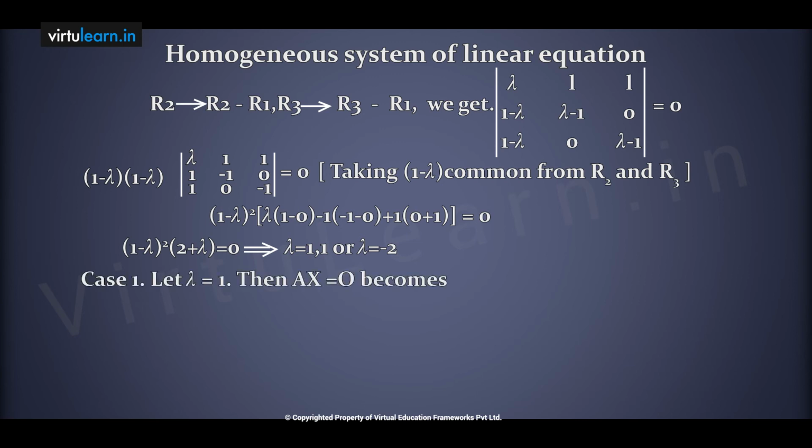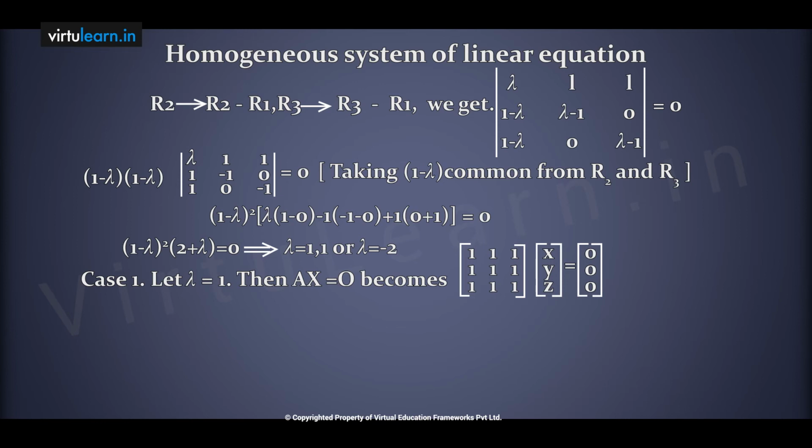Case 1, let lambda equal to 1. Ax equal to 0, then I substitute lambda equal to 1: [1 1 1; 1 1 1; 1 1 1] into variable matrix (x y z) equal to zero matrix (0 0 0). If you want to solve a system of linear equations, every time you have to convert the coefficient matrix into echelon form.